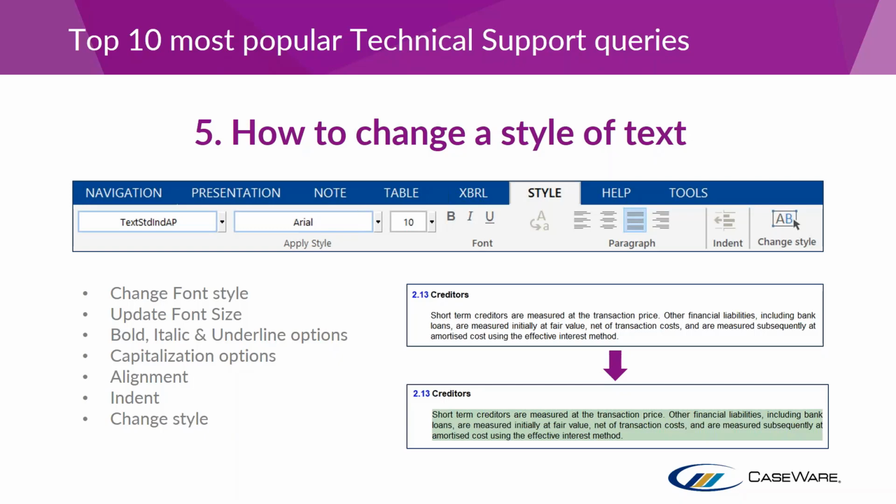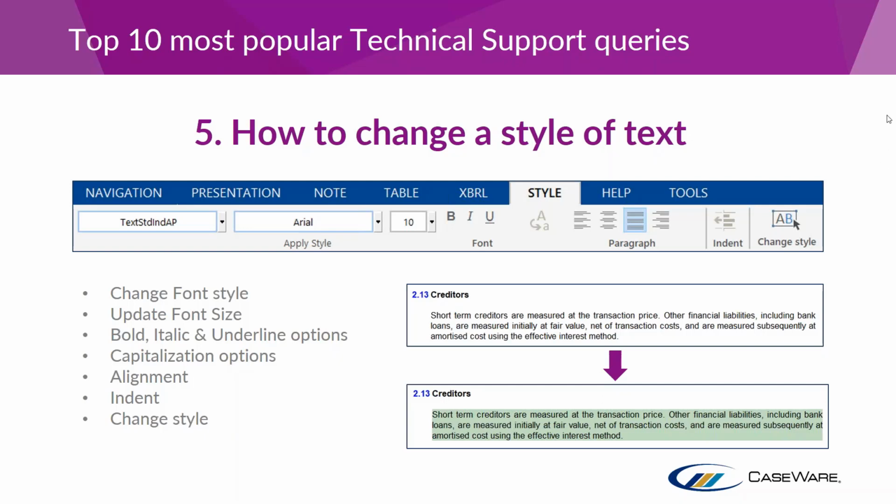Now, one of the key areas on there is that you get a change style button on the end of the toolbar. What that will allow us to do is change that default text from CaseWare, as you can see there within the creditors note at the top. We could go through and change that default text to green editable text. Okay.